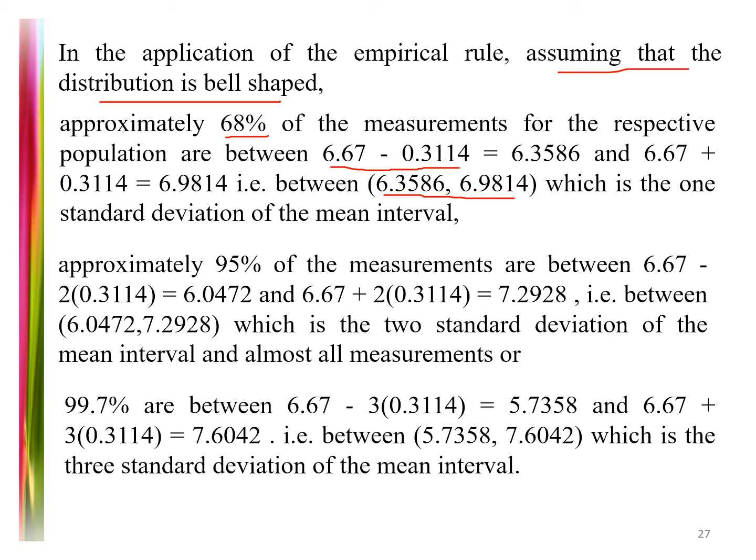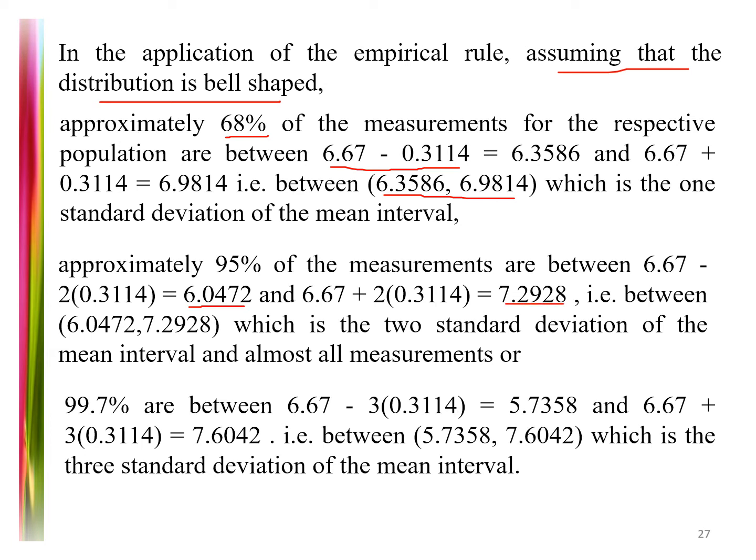So we can say 68% of the measurements lie in the interval between 6.3586 and 6.9814. Approximately 95% of the measurements are between 6.67 minus 2 times 0.3114 and 6.67 plus 2 times 0.3114, which is the two standard deviation limit. That should be 6.0472 and 7.2928.